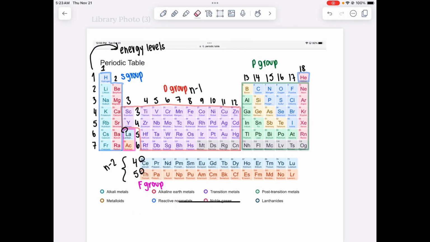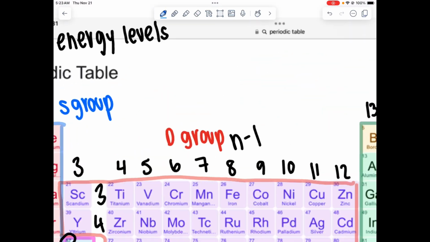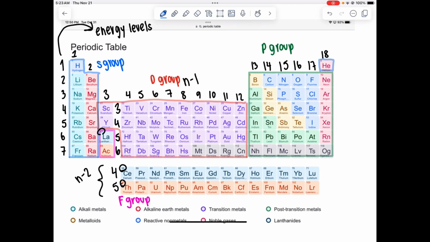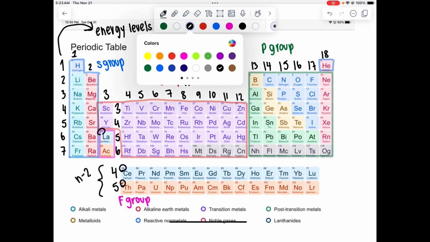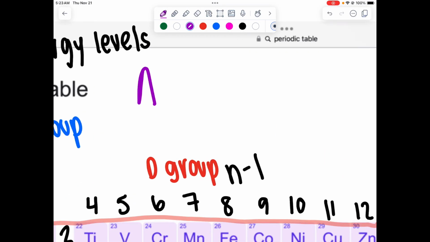Okay, now we're going to find the electron configuration of aluminum. Let's do the color purple.